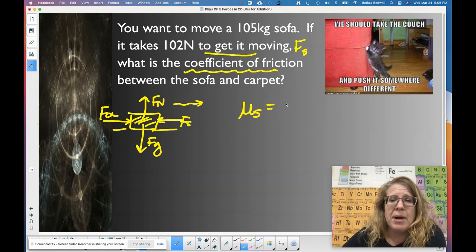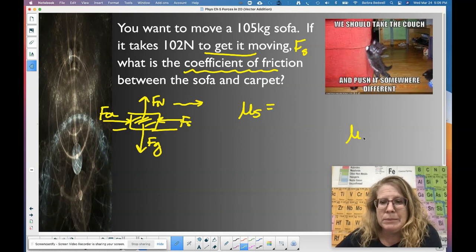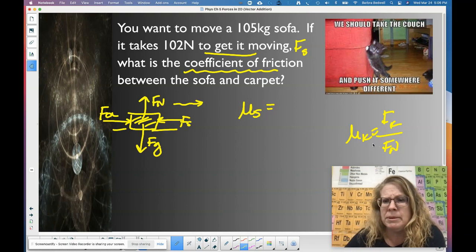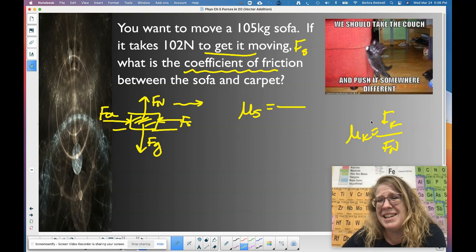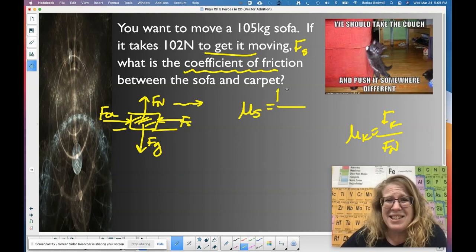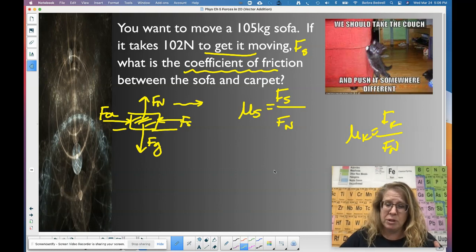Well, the formula is mu k equals Fk over Fn. If we want to do this, it's the same formula, it's just S's instead of K's. So it's going to be Fs over Fn.